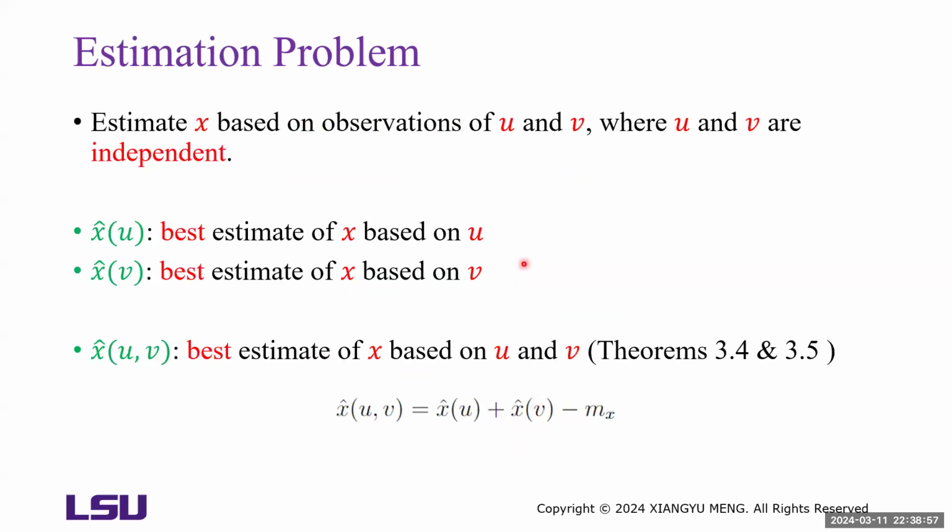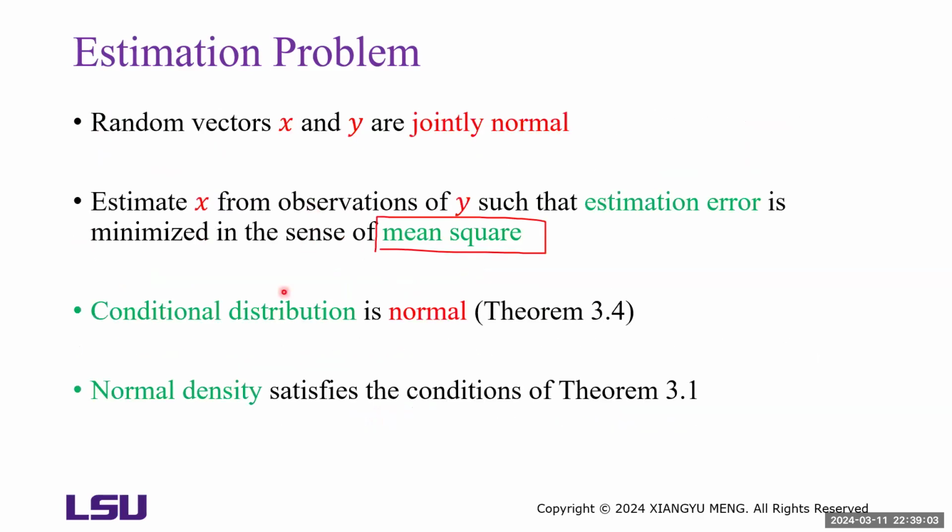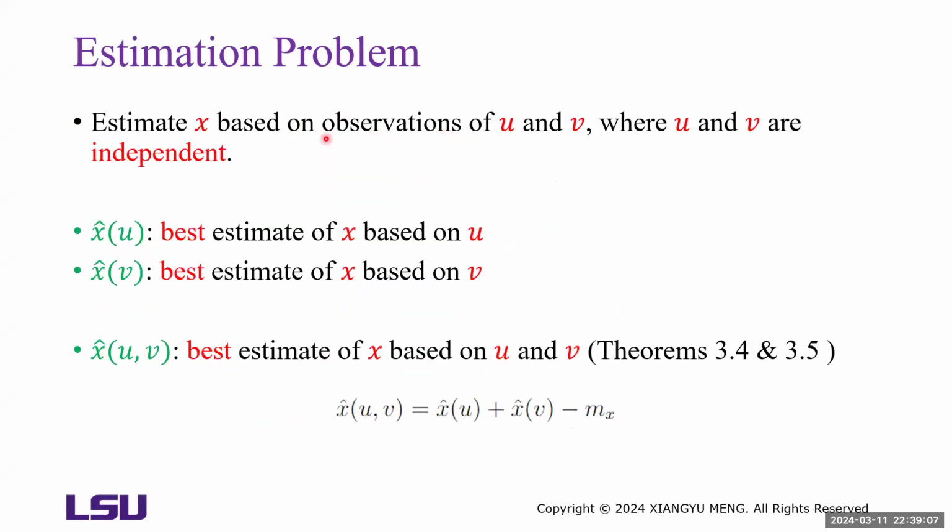Now let's discuss how to apply theorem 3.5 to solve this estimation problem. This problem is to estimate x based on observations of u and v, where u and v are independent.